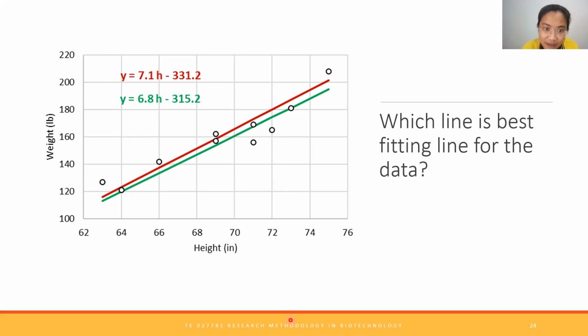Just looking at it alone, don't think about anything else. What do you think is the best fitting line? Red or green? Just guess and type. I guess it's red, I guess it's green. Okay, Epic thinks it's green. What about other people?